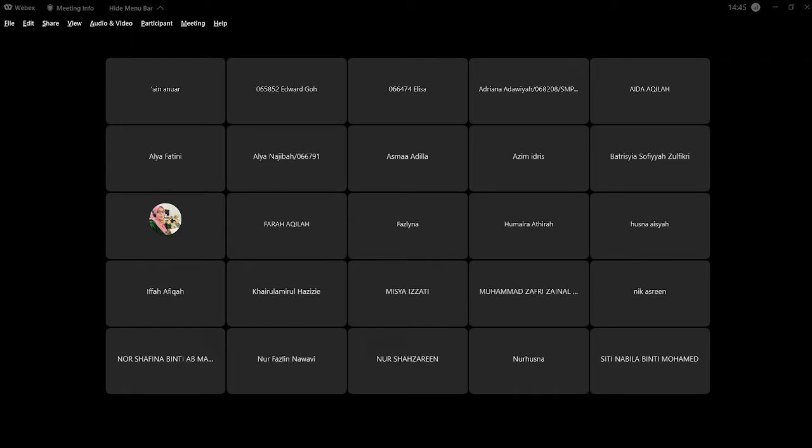Belum. Are you sure? Sebab jadual saya di sini di kampus Gombak, so kalau untuk kampus Gombak tu dah keluar. Betul tak kelas? Do you notice that?